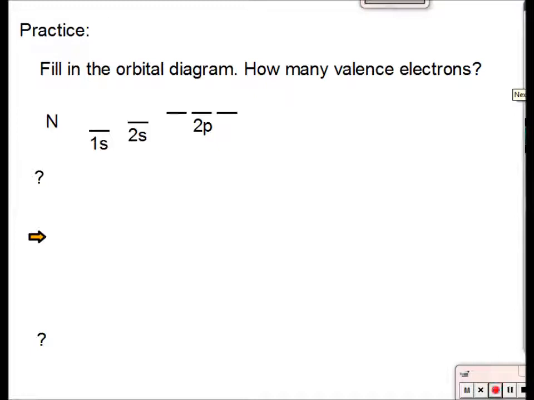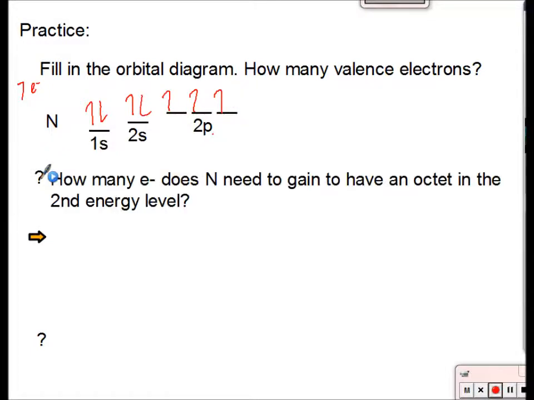So if we look at orbital diagrams, going back to Chapter 3, nitrogen we said has overall 7 electrons. So when I fill in the orbital diagram and I add my 7 electrons, it's going to look something like this. There's 3 electrons in the p orbital, the others are filled. So how many electrons will nitrogen need to gain to have an octet?